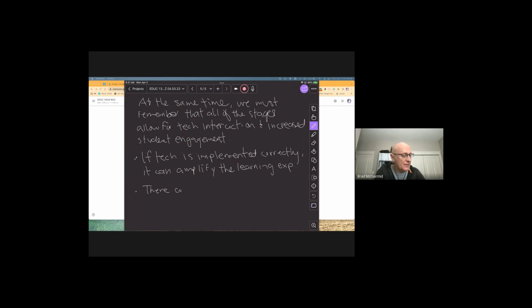There are times, and this is the same thing with Bloom's, there are times where simple substitution, and I'm going to write this in all caps, substitution, okay, is all that is needed, and is most appropriate given the learning outcome.